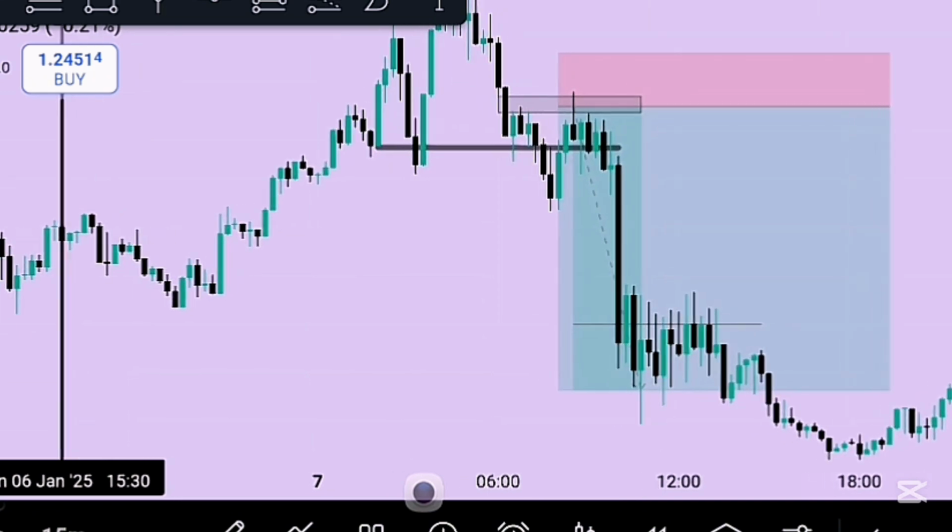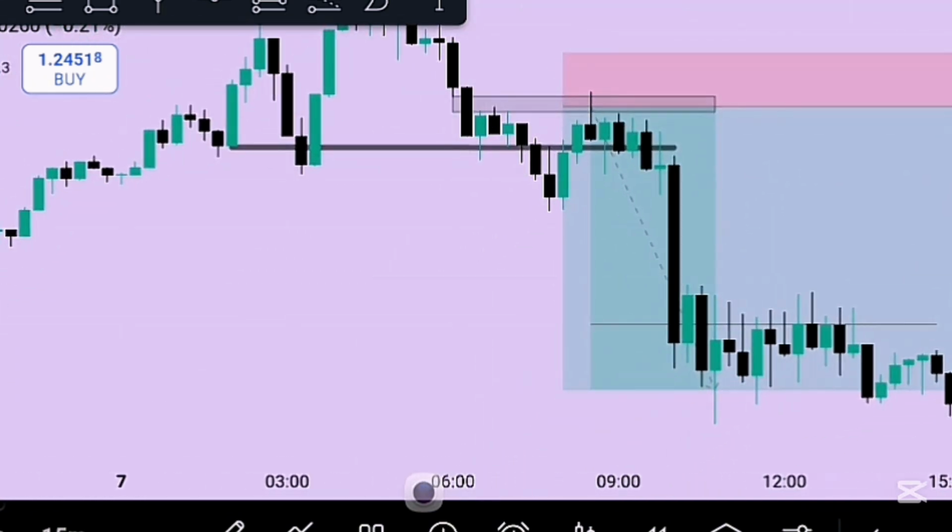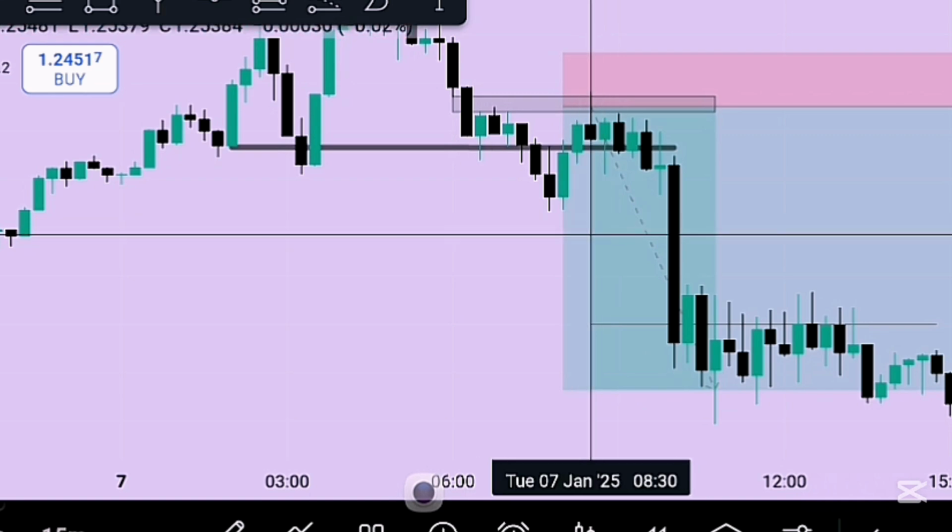As you can see, let me zoom in, guys, and show you what I'm talking about. Are you seeing when this trade came into this FVG? What time is this, guys? This is 8:30. And from what time to what time do I say you should look for your entry? From 7 o'clock a.m. to 10 o'clock a.m. New York session. I'm not saying Nigerian time, New York session.